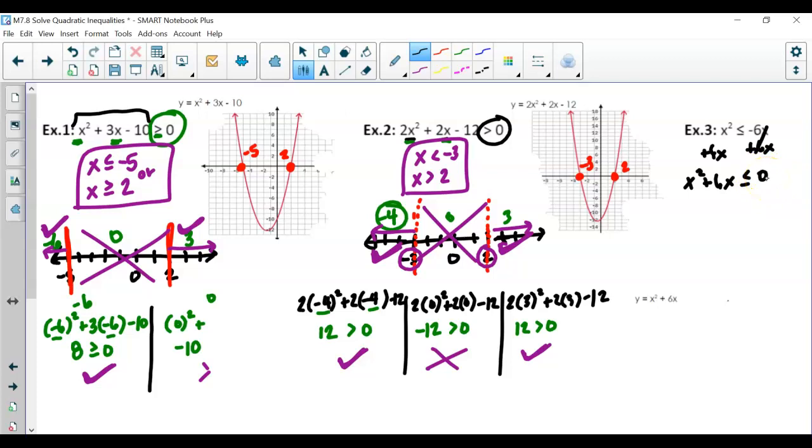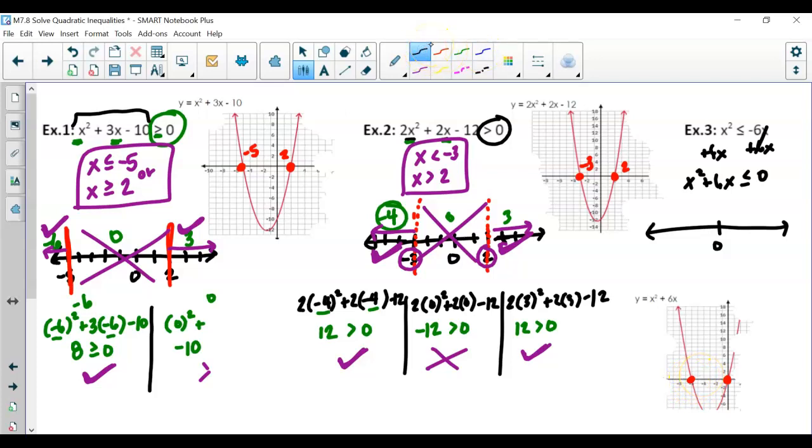So now go ahead and graph this quadratic and try this step on your own. Identify and plot on the number line. So when you graph this, you should see that you had the solutions of 0 and negative 6.